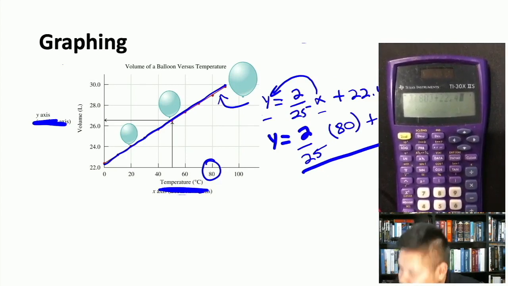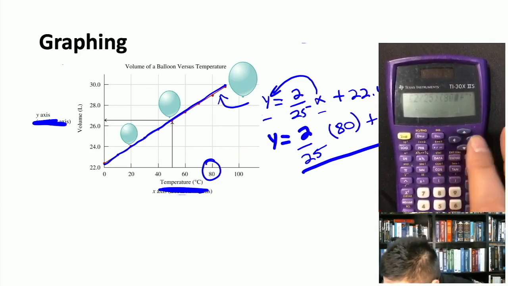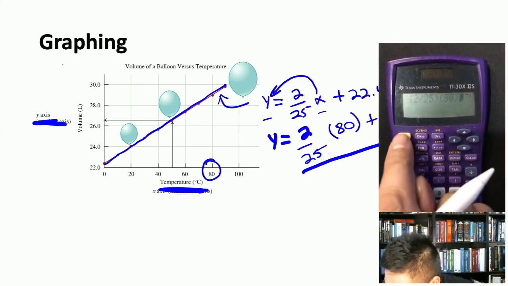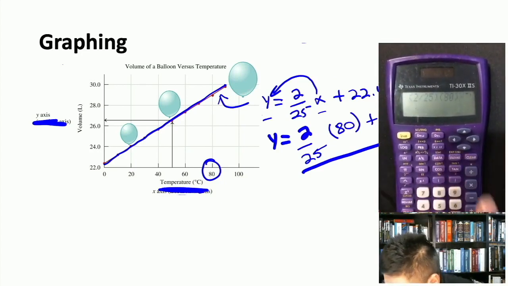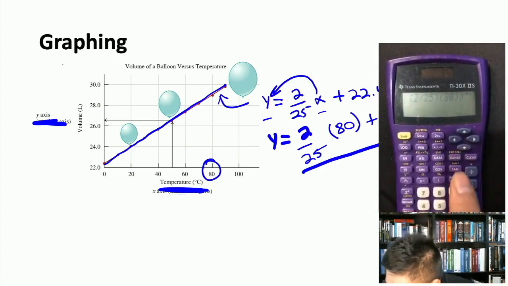22.4. So here's another pro tip. To make sure that the order of operations is working on your calculator, which it always does, but just to make sure, I always like to put in more parentheses to make sure the calculator knows that you're supposed to do the multiplication first. Oops, that's a percent sign.